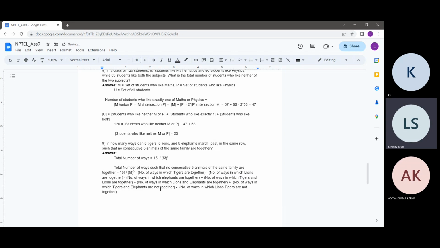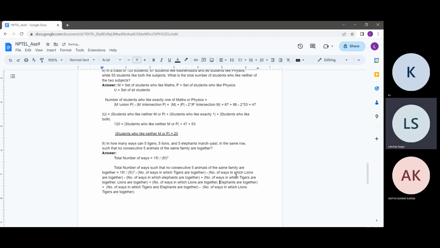Similarly, this, and I just remove these knots too. Or maybe a better way to write it is in which tigers are together, comma, lions are together. This way there is no confusion. So the number of ways in which tigers are together, comma, lions are together, and the number of ways in which lions are together and elephants are together.